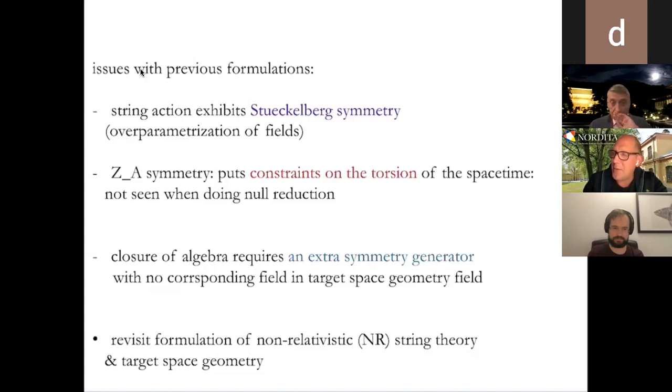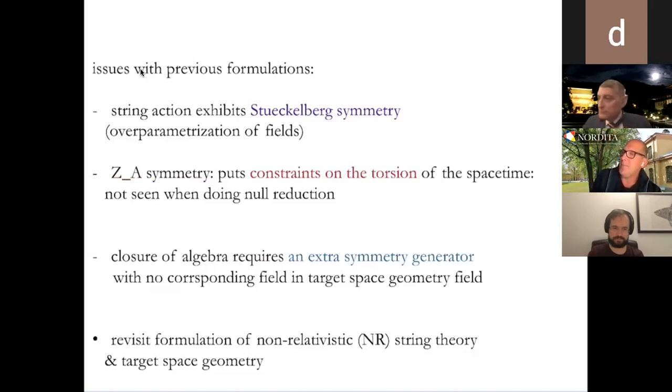Another maybe very technical sounding aspect, but I still mention it, and I will also come back to it, is that in this formulation, there's a certain underlying symmetry, the so-called Z_A symmetry. You can think of it as the analog of the mass symmetry for a non-relativistic particle, so the generator of mass.